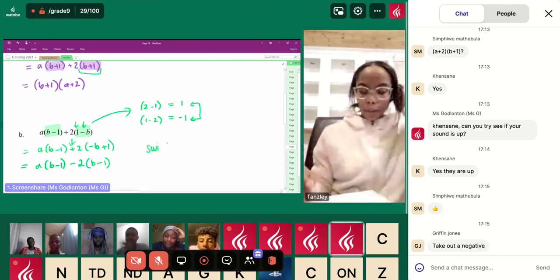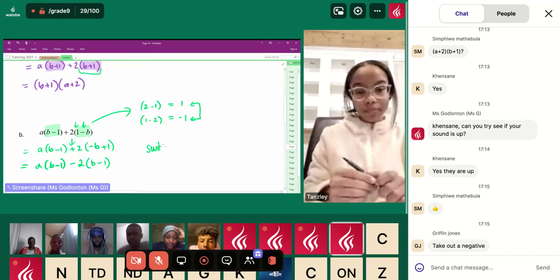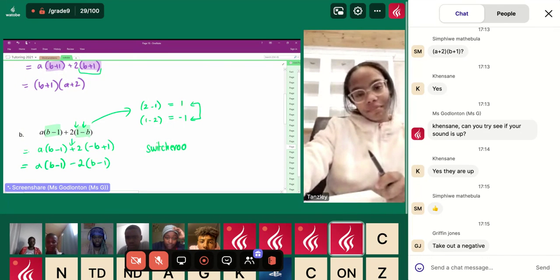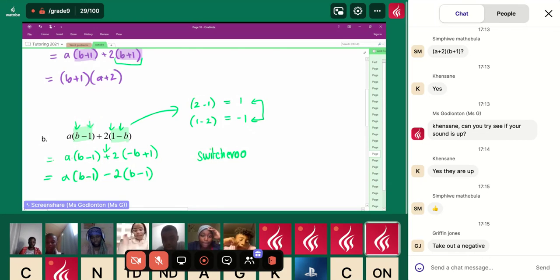Beautiful. And what you've just done is, most of you teachers will call it a switch around. I call it a switcheroo because I just think that's more fun to say. But when we have a bracket, and here I've got a B and I've got a 1, and in this bracket, I had a 1 and then I had a B. So if those are exactly the same as each other, and there's a minus sign in between them, but the one bracket is just the wrong way around, we can change the sign in the middle and we can switch around the two things that are inside the bracket after it.